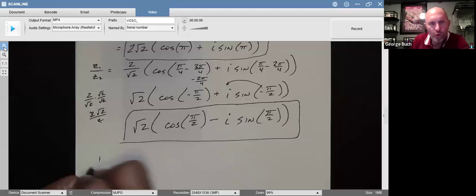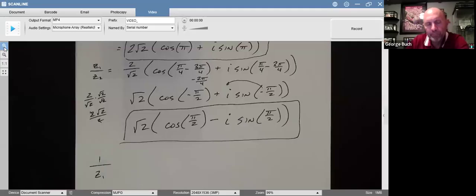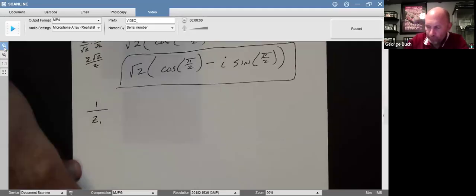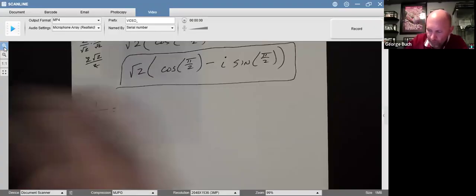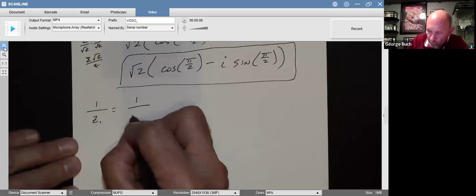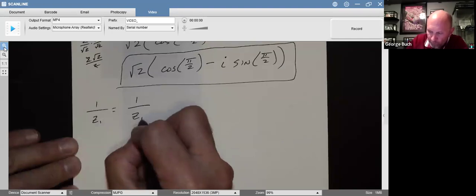And then we have 1 over Z1. So how do we do this kind of problem? Well, think back to your probably first day or second day of Math 126 when you were doing exponents. This is really the same as what? 1 over Z1 to the first power.